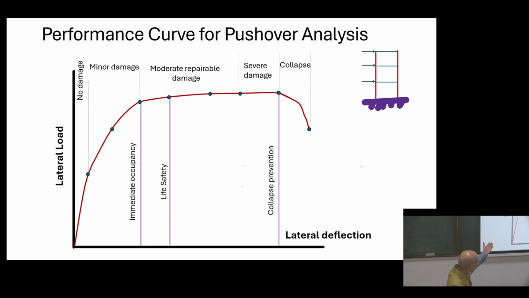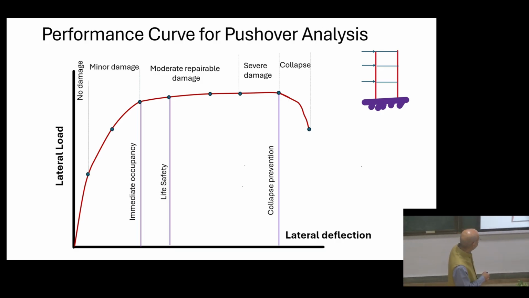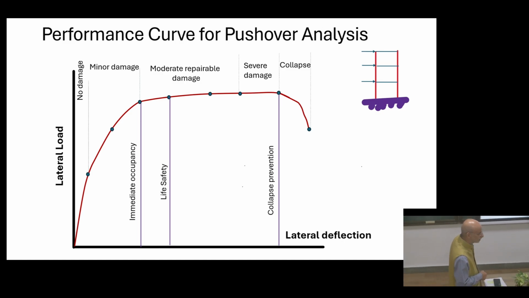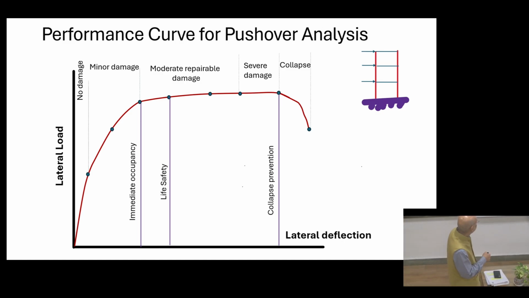This is precisely the same thing, but written differently. When you are in this range, this is the yielding point, starting here. From elastic to here becomes the non-linear part, the deformation. When you remove the load, it does not regain its original position, but there is a small permanent deformation. When you are here, that is immediate occupancy, you call it. That means you have minor damage.